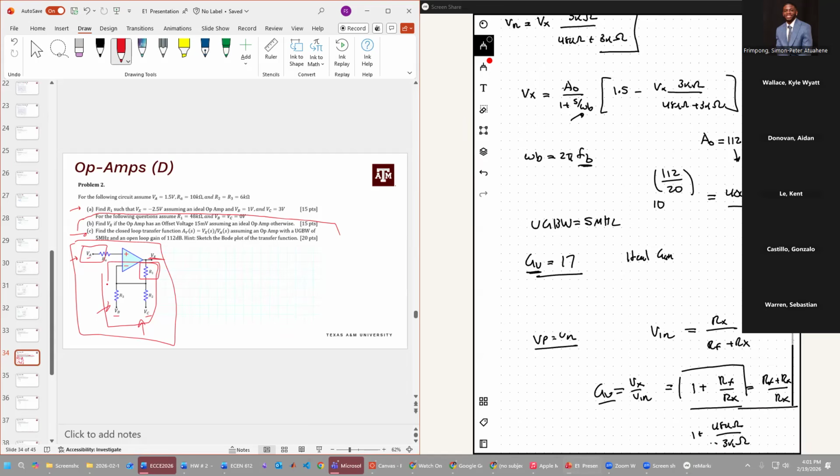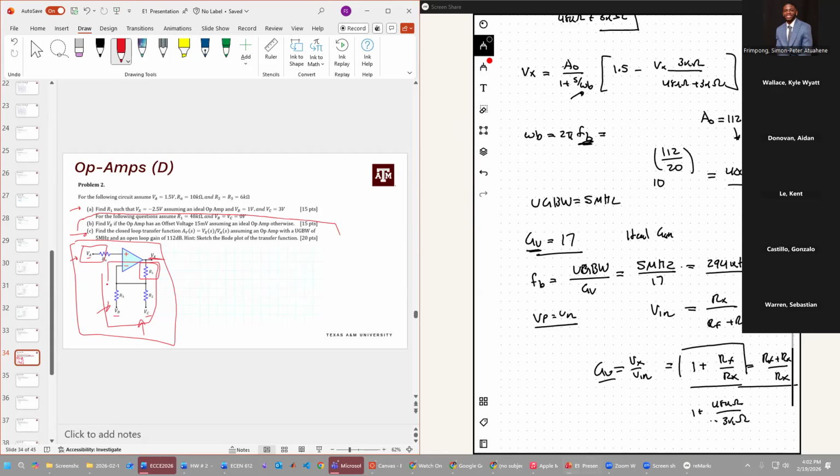So FB is going to be our unity gain bandwidth divided by GV. So 5 megahertz divided by 17. This is going to be equal to 294 kilohertz, like so. Okay.